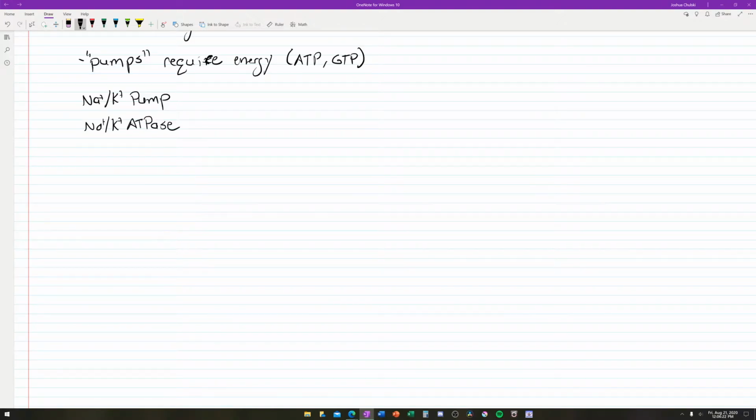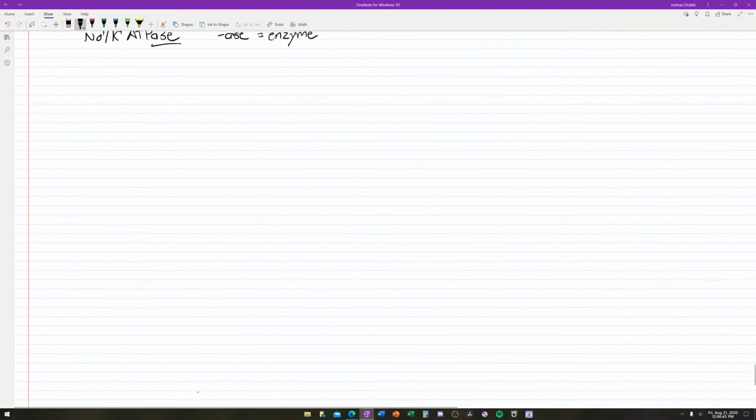If you've taken med term, the suffix -ase equals enzyme. So the ATPase is an enzyme that works on ATP, and I'll explain how it works in a little bit.